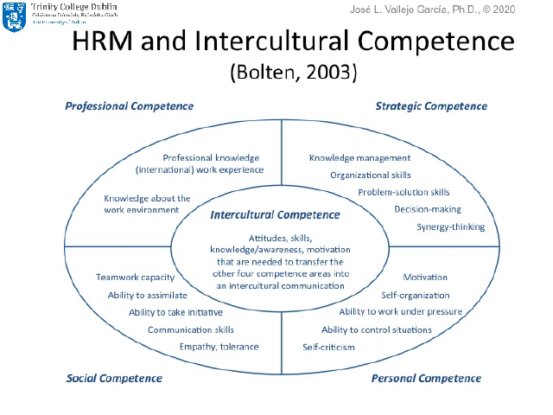And there's 4 kind of areas or quadrants here. On the upper left side we have professional competence, which comprises professional knowledge or international work experience, knowledge about the work environment, and so on.